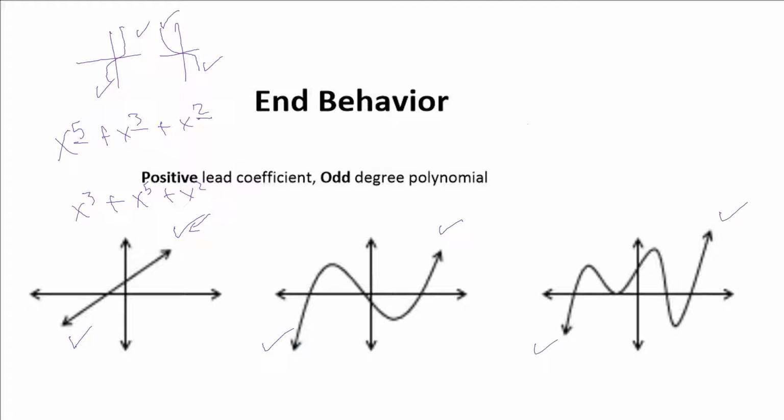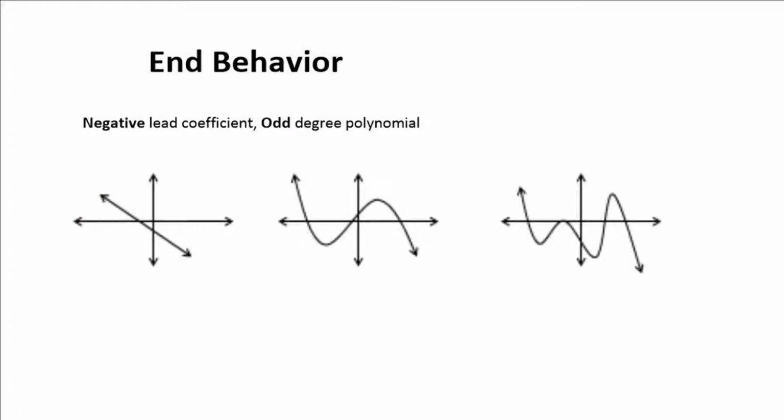For example, if we were to graph, and you can check this yourself, 3x to the 5th minus 4x squared plus 7, notice it's in standard form. The leading coefficient is positive, so that's going to tell us whatever happens in the middle, the ends are going to be in quadrant 1 and quadrant 3. When the leading coefficient, however, is negative, the effect is similar to that of a line with a negative slope.